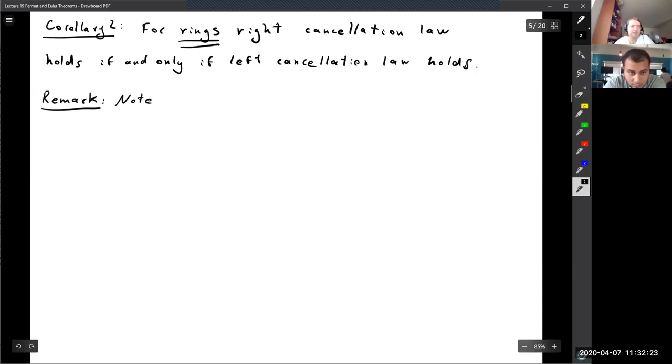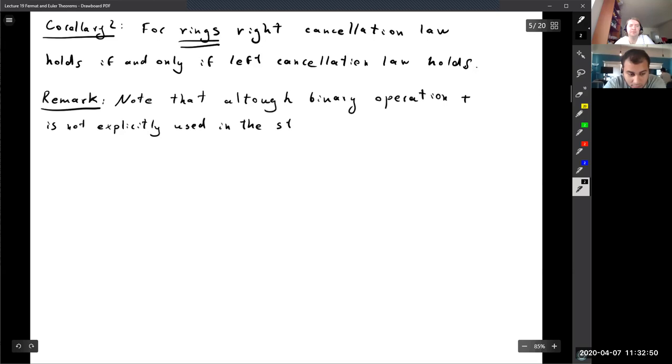So note that although the binary operation plus is not explicitly used in the statement of corollary 2, it is crucial that R is a ring.